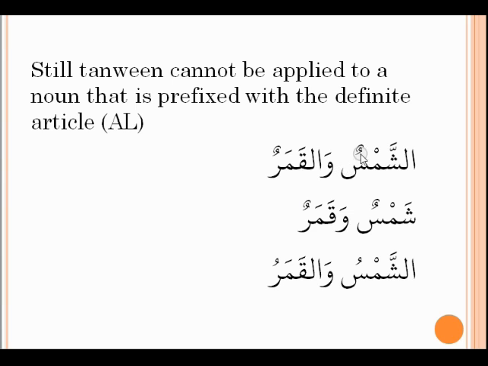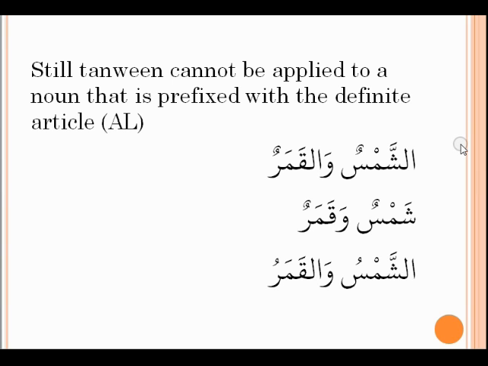One note is that the Tanween should not be applied to a noun that carries a definite article. So, for example, the first line, which is incorrect, attaches the Alif Ta'rif to the beginning of the noun and applies a Tanween at the end. The same thing here, al-qamar, definite article at the beginning and tanween at the end of the noun. This is incorrect.